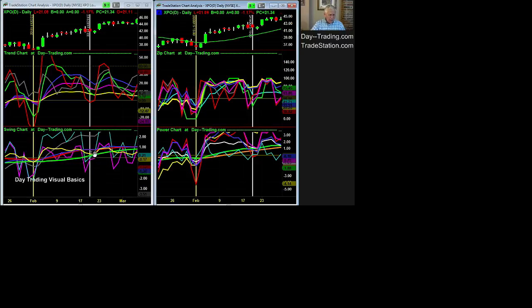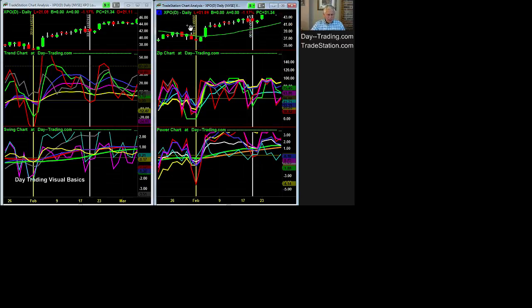The swing green and swing red on the white vertical line are also going up, as are the power green and orange lines, and they're above 0. So we're in a pretty nice uptrend condition here in the market, and so as a result of that, we end up with 2 nice green candles.